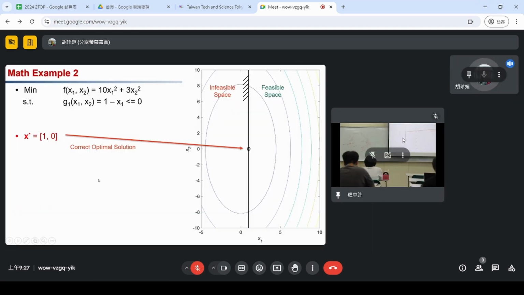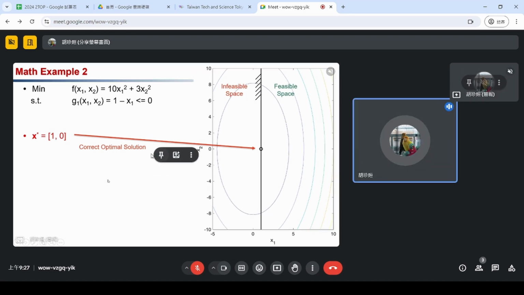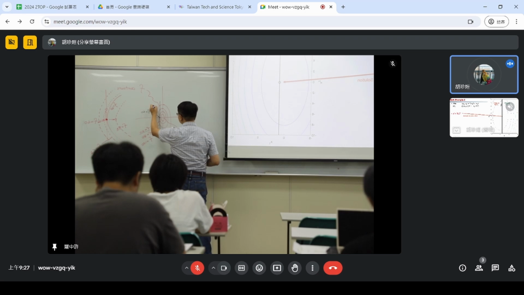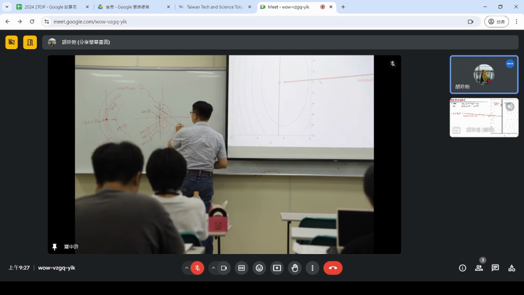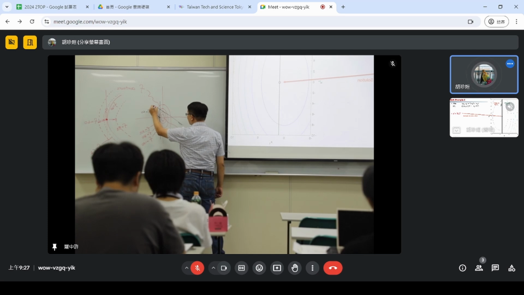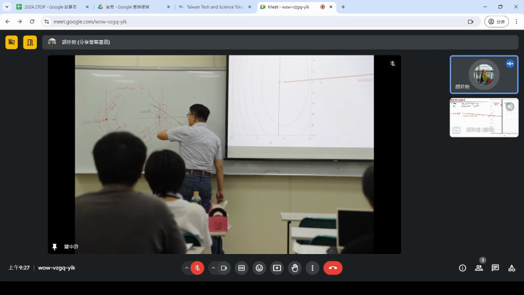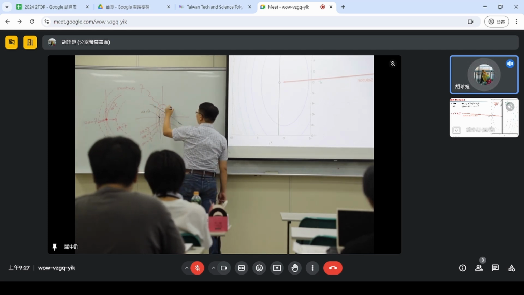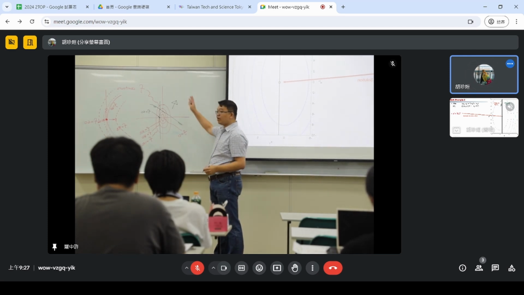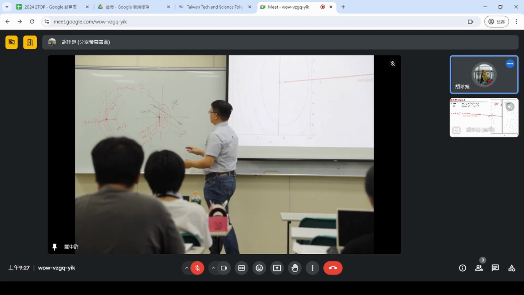Okay? So another practice. If I now set up a different wall, it's like this, and I say, stay on the left lower corner of the wall. Okay? Where is the smallest point?